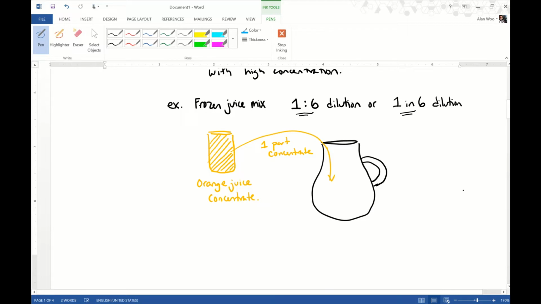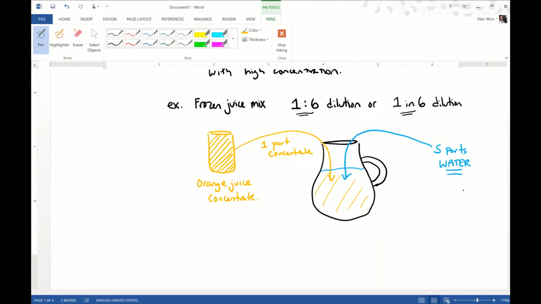But it's actually not 6. 6 is the total number of parts. If you already added 1 part, what you're adding in is actually 5 parts water. So if you have 1 part concentrate and 5 parts water, the orange juice that's made isn't going to be as strong. It'll be a little bit weaker because it'll be diluted with 5 parts water.